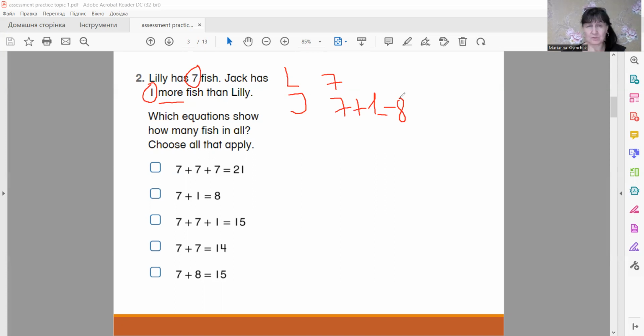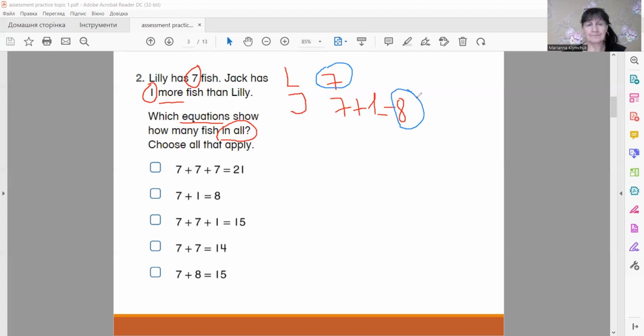But we need to choose which equation shows how many fish in all. In all. So you need to add what Lily has plus what Jack has, okay? And we have these numbers, Lily and Jack.